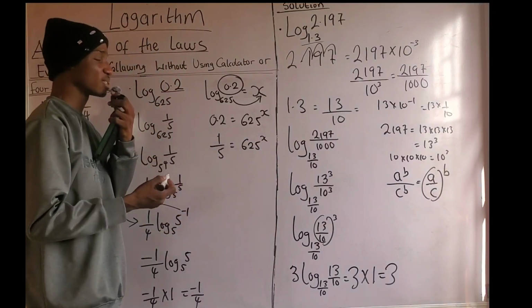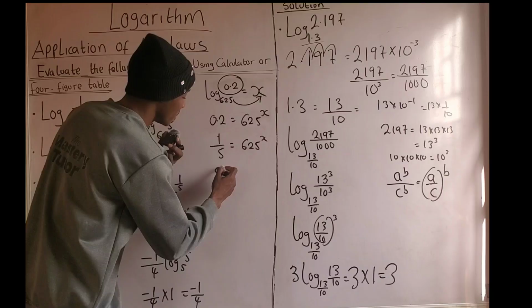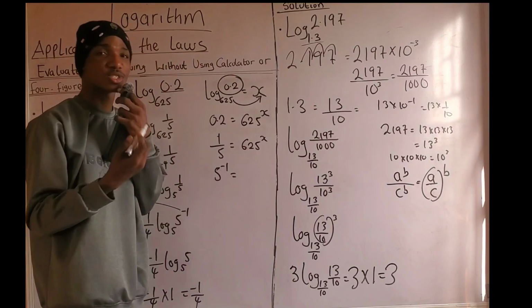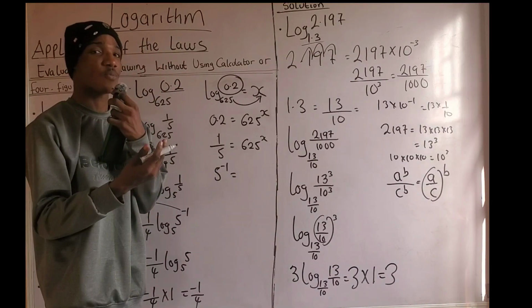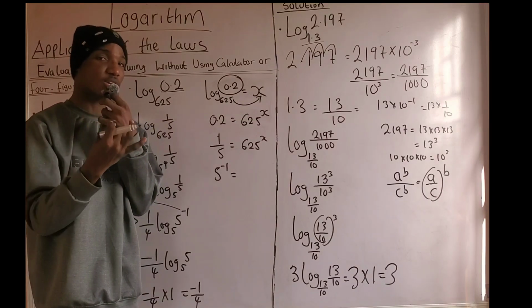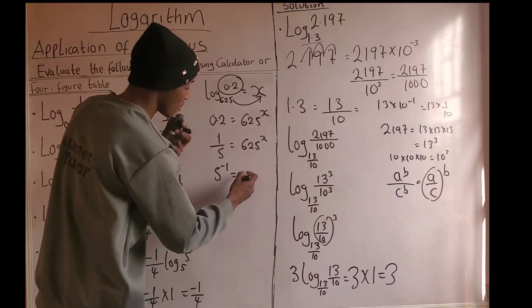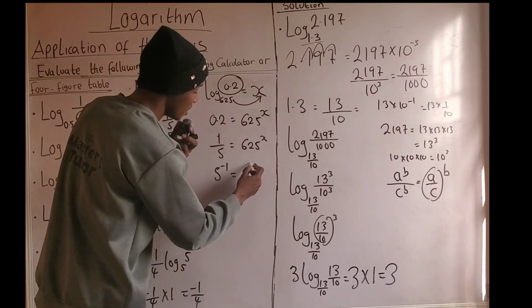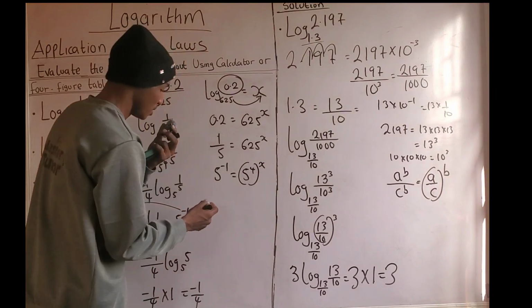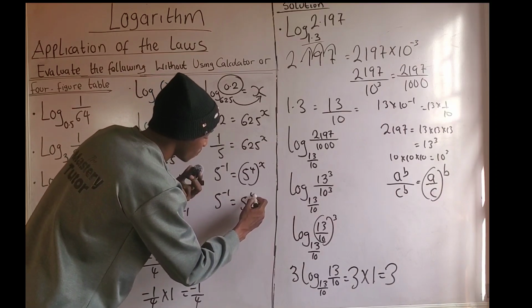1 over 5 can be written as 5 raised to the power of negative 1. So I'm going to have 5 raised to the power of negative 1 equals, now 625 can be written as 5 raised to the power 4, because 5 times 5 is 25, 25 times 5 is 125, 125 times 5 will give you 625. So I'm going to have 5 raised to the power of 4 raised to the power of x, right? So for this, I'm going to have 5 raised to the power of negative 1 equals 5 raised to the power of 4x.